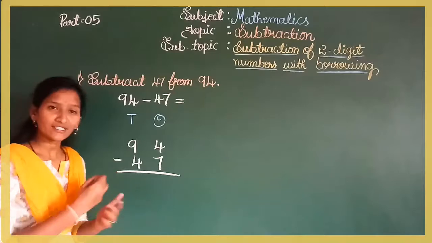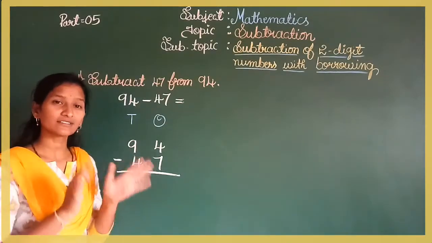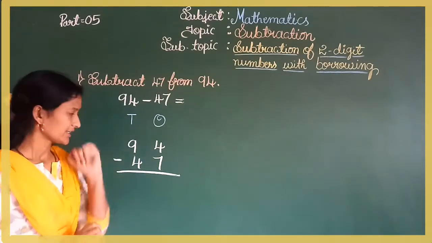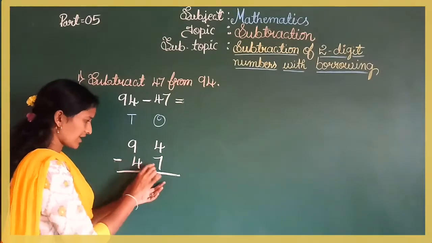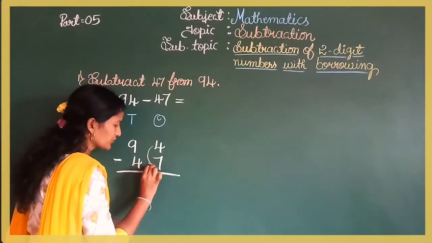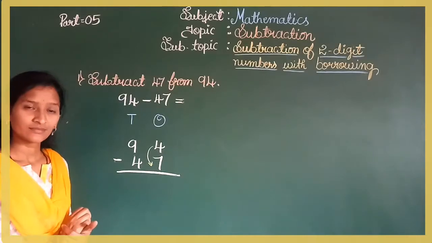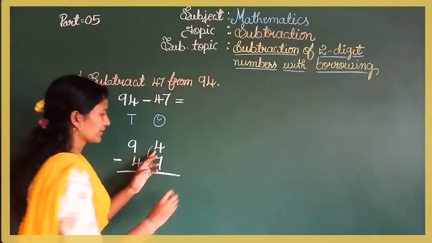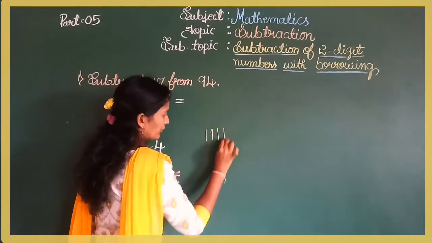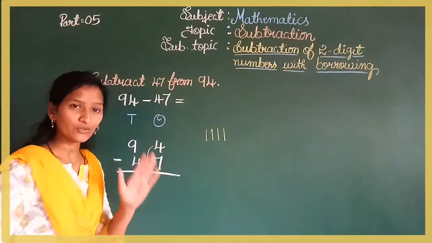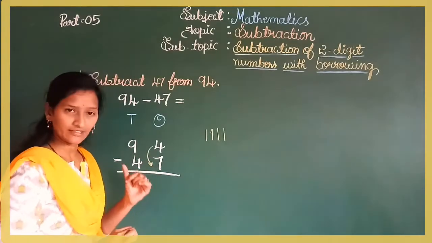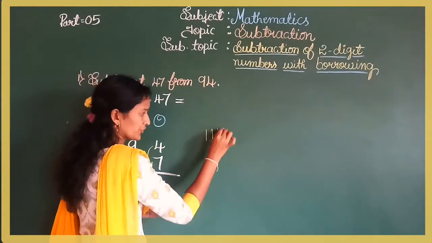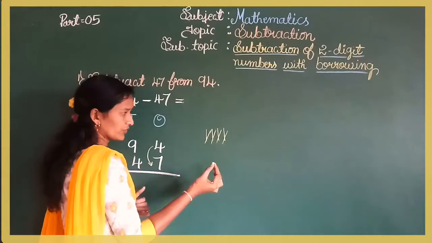Yes. So the next step is you have to subtract the digits in the ones place. Yes. 4 minus 7. Children, what is 4 minus 7? Is it possible to subtract? Okay, so look here. Here is a 4. I am writing 4 lines. In that you have to strike out 7. Okay. 1, 2, 3, 4.